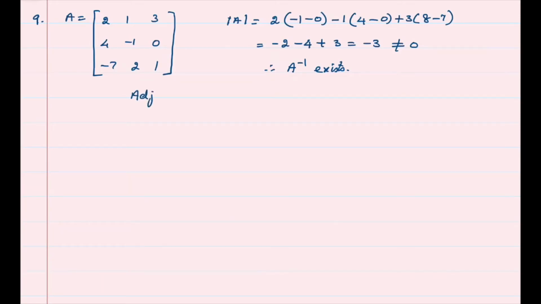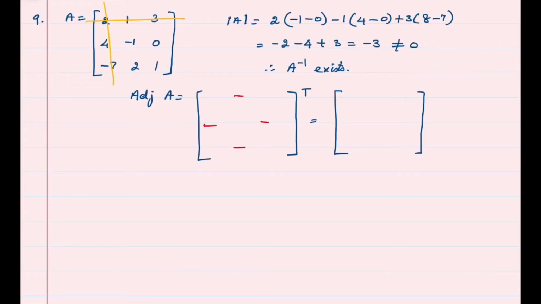We will write the adjoint of A, which is the transpose of the cofactors. Don't forget the transposing step. Cofactor of 2: minus 1 minus 0.